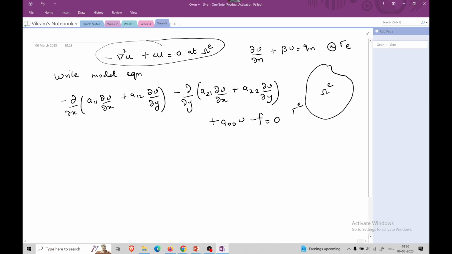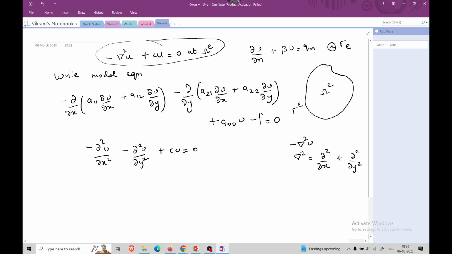Let us write on the side what del square u is. Del square means dou square by dou x square plus dou square by dou y square. So I have minus dou square u by dou x square minus dou square u by dou y square plus cu is equal to 0.